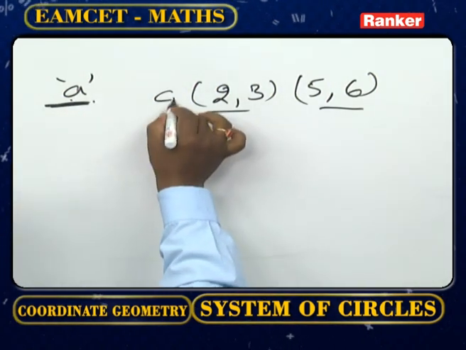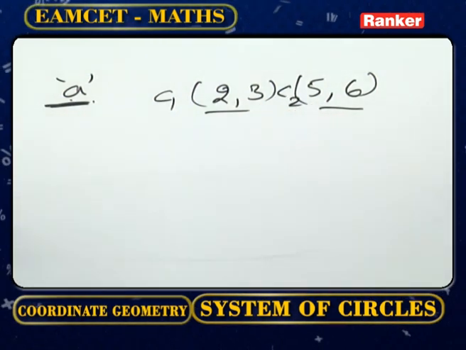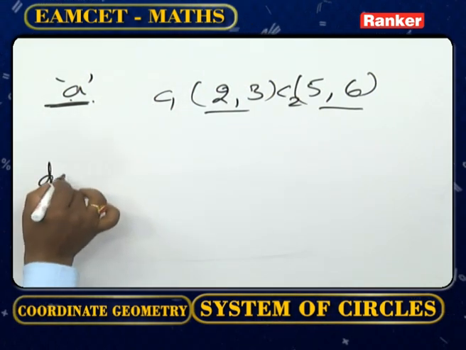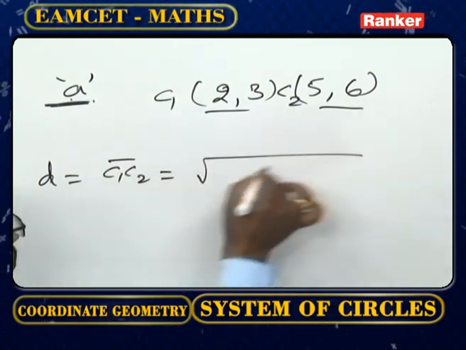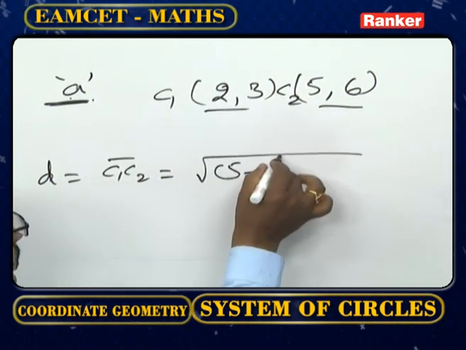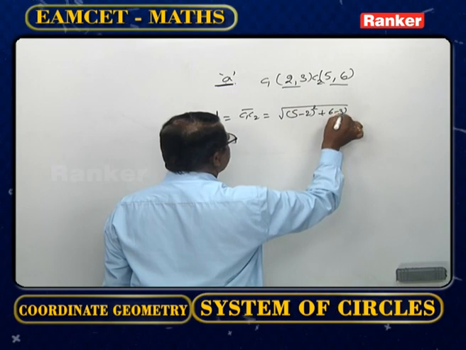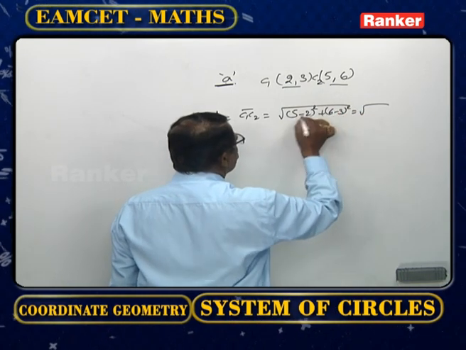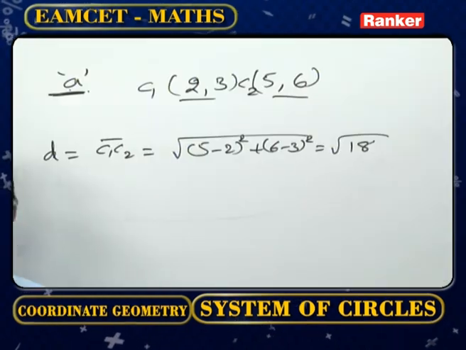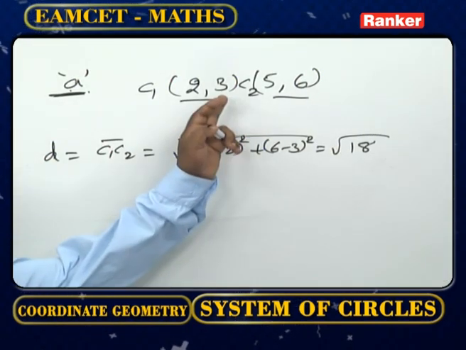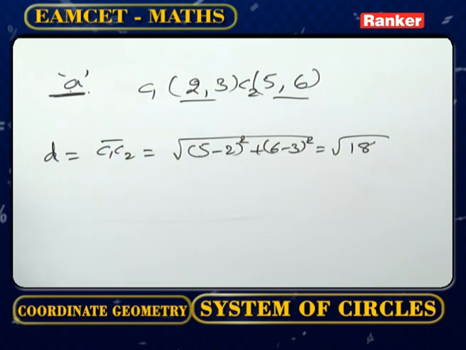Consider the centers c1, c2. The distance between centers d = |c1c2| = √((5 − 2)² + (6 − 3)²) = √(9 + 9) = √18. D equals √18.